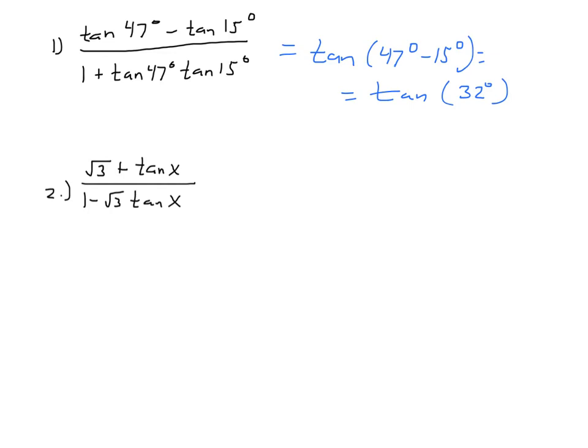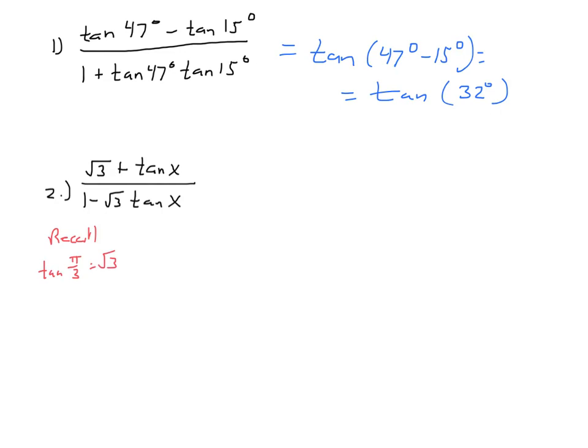In the next one, we want to write this as a single trig function. We have a little issue in that we now have the square root of 3. But you need to remember that the tangent of pi over 3 is equal to the square root of 3.